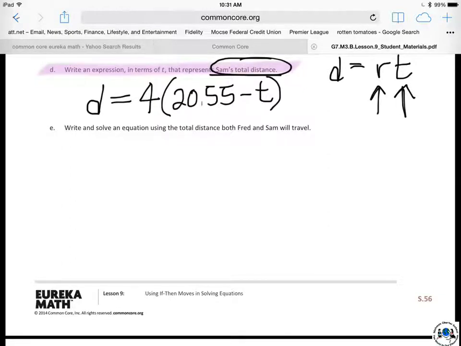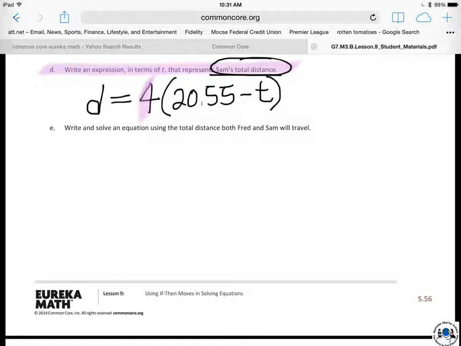You have that. Now, if you look at it closely, you can see that it can be simplified. Again, let me clarify where I got this from. The d equals, because we're trying to solve for Sam's total distance. 4 was the rate.